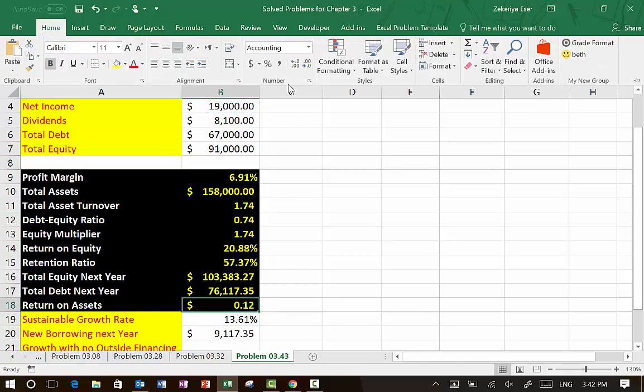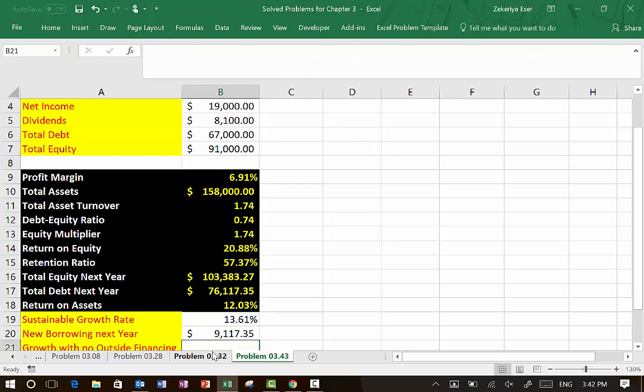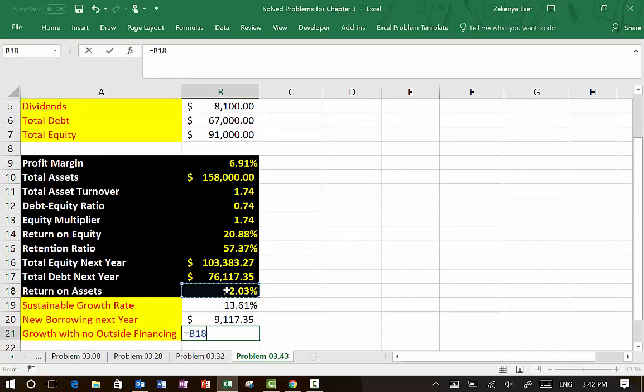Of course, that doesn't have a dollar interpretation, it's percent. And take ROA, multiply it with retention ratio, divided by 1 minus ROA times retention ratio.